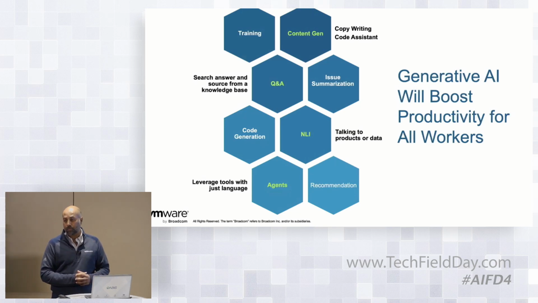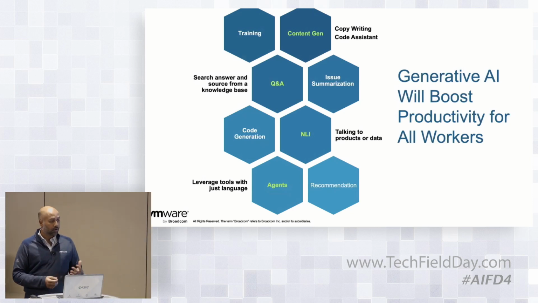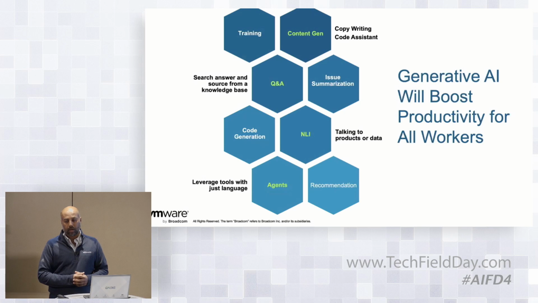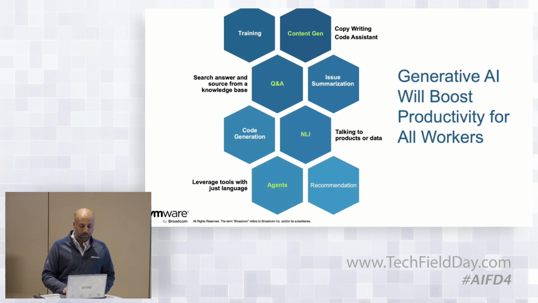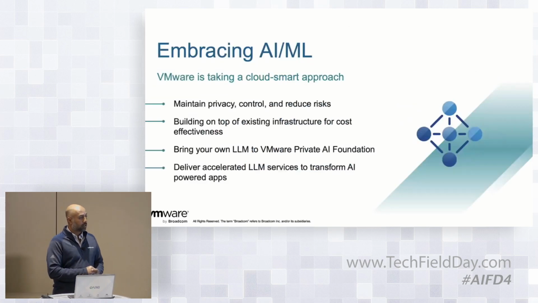So the use cases for this are pretty wide. And then finally, you're going to see a lot of agents come into the picture, where you're going to leverage multiple of these use cases and chain them together, or build a complicated solution by taking all of these and combining them into doing more useful things. So the stage for this is pretty exciting, and I think it's just going to keep growing.